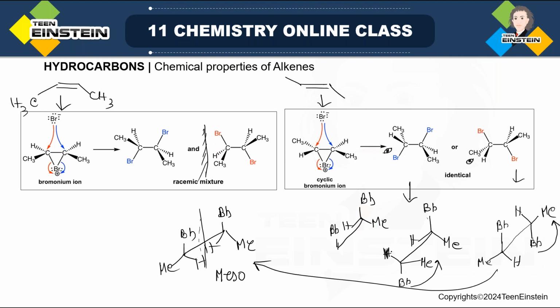Sorry, it will be methyl. So when I have converted from this, methyl is this side, H is this side. So methyl will come here and H. So here also you can see if you cut the molecule in this C-C bond, if you cut to the middle part, there is an internal plane of symmetry. And here methyl here, hydrogen is here.